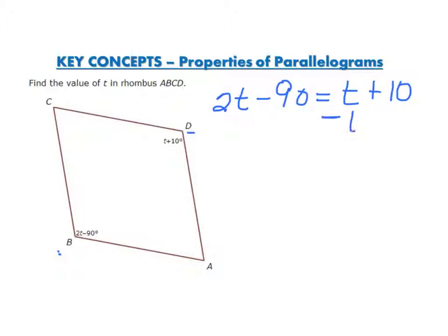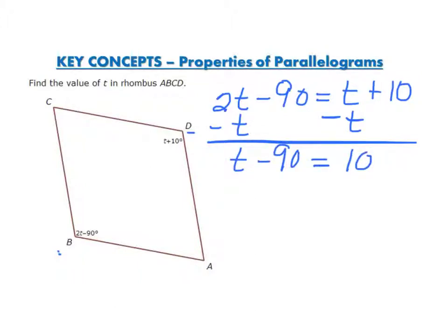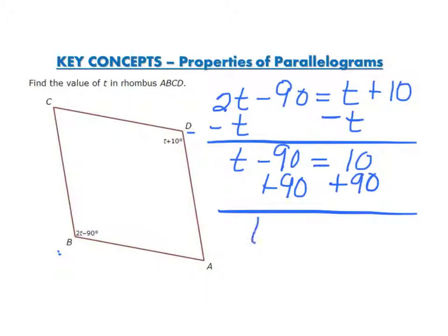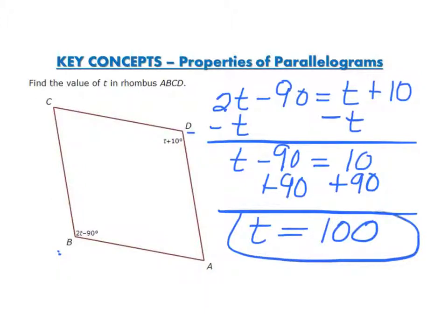So I'm going to subtract 1t from both sides. I'm left with t minus 90 equals 10. I add 90 to both sides, and I have t equals 100. So the value of t in this problem is 100.